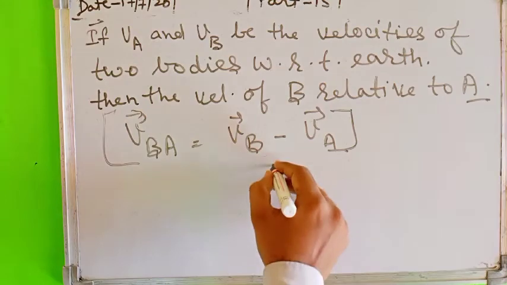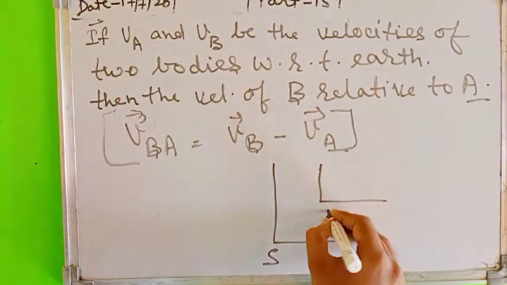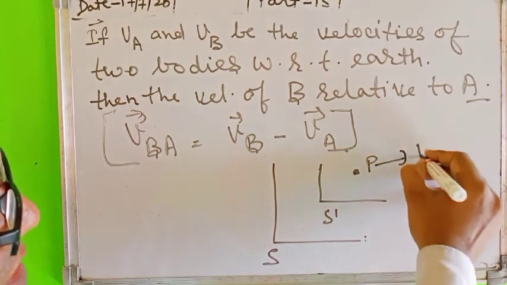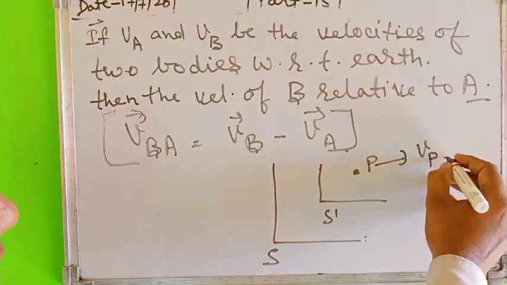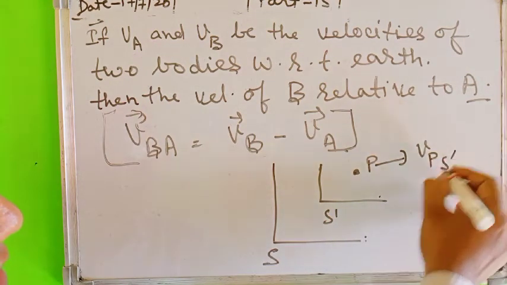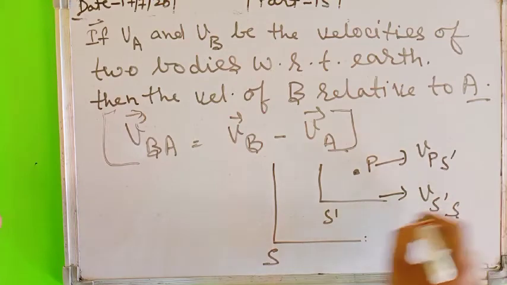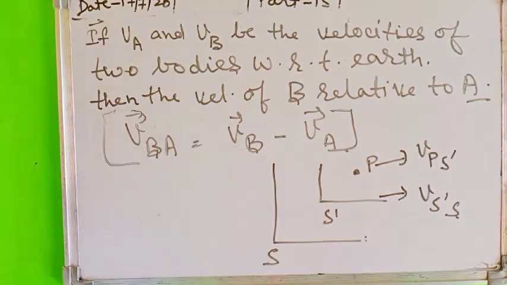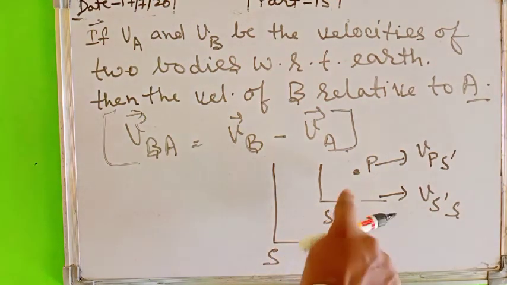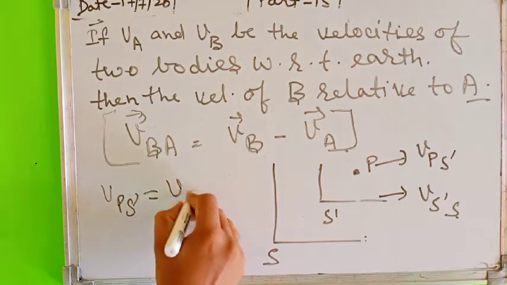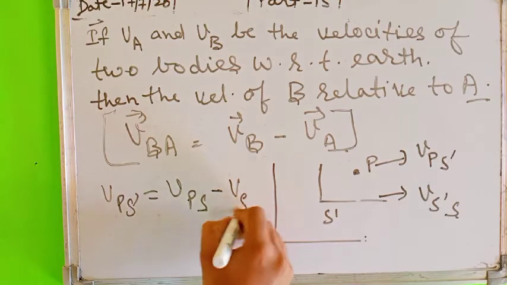Means to say that if there is frame S, there is frame S dash, here there is point P, and this point P is moving with velocity VPS with respect to frame S, and velocity of S dash with respect to S. Both the velocities are with respect to this common frame S. Then VPS dash, velocity of particle with respect to S dash, can be given as VPS minus VSS dash.